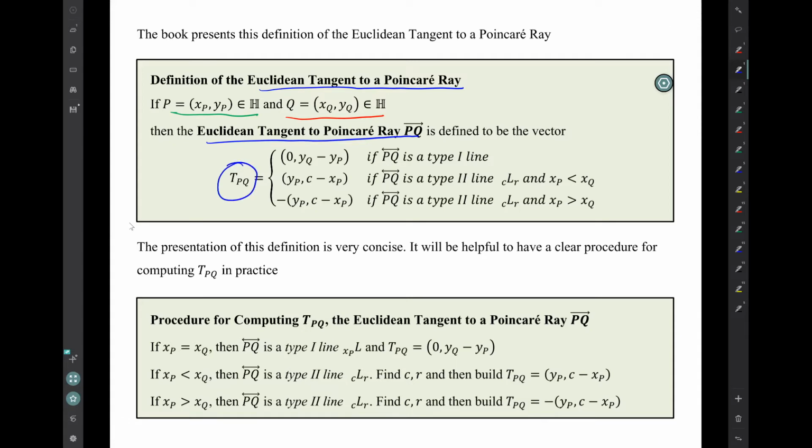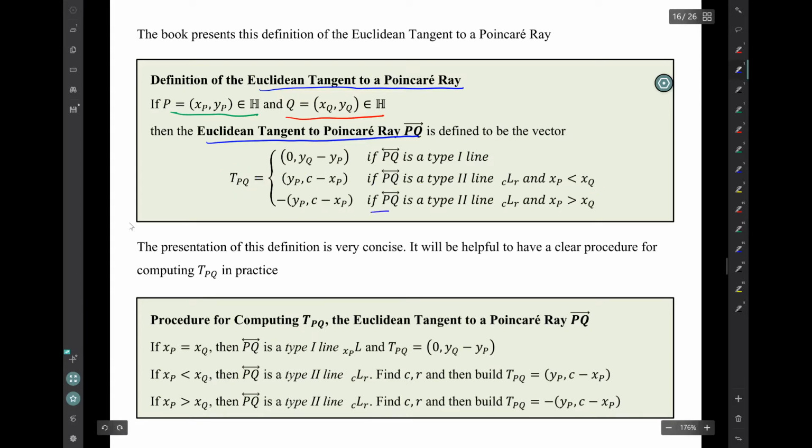subscript PQ. Now, it's given by different formulas in different cases. If line PQ is a type 1 line, then this expression represents this vector computed using this formula. If line PQ is a type 2 line and x subscript p is less than x subscript q, then this symbol denotes this vector.